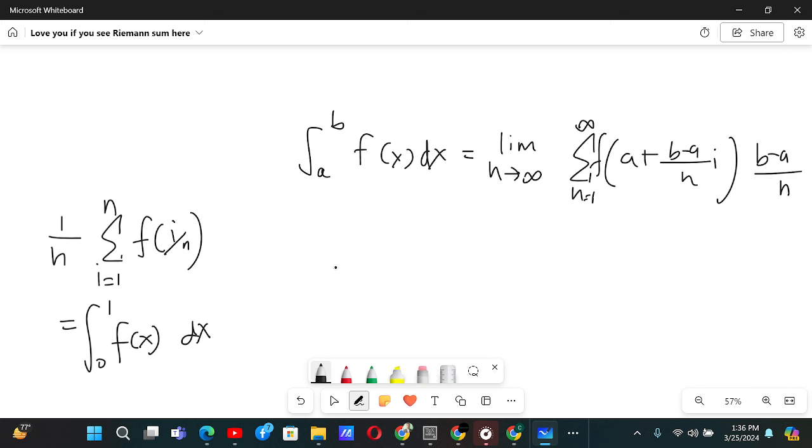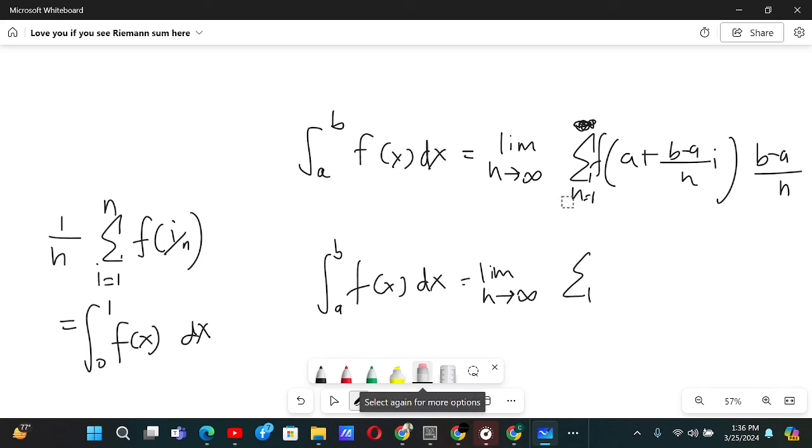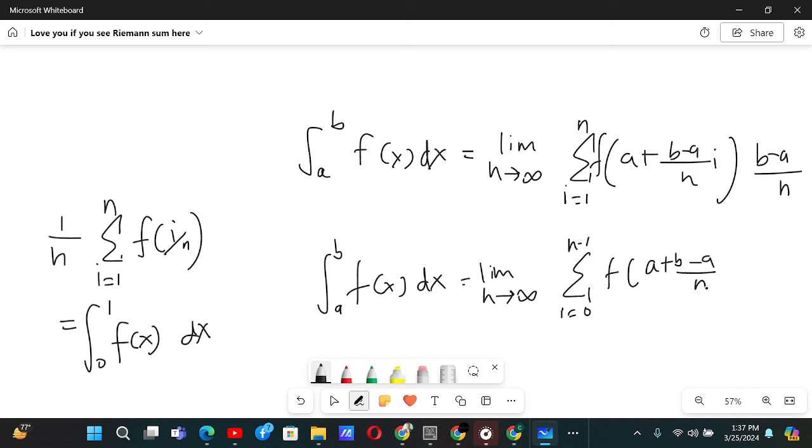Or the other one is the integral from a to b of f of x dx as the limit as n goes to infinity of the sum, okay sorry, here's a mistake. i goes from 1 to n, or i goes from 0 to n minus 1, of f of a plus (b minus a) by n times i, and then (b minus a) by n.